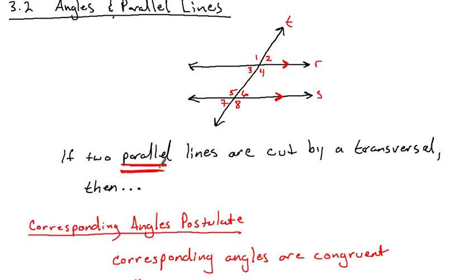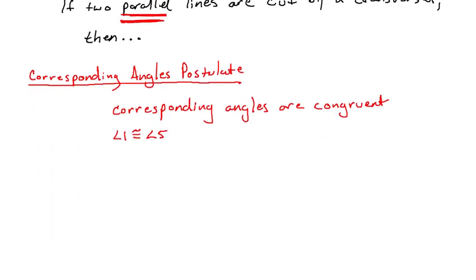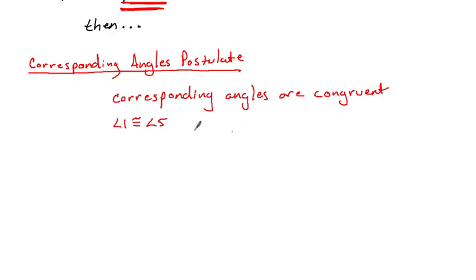If the two lines are not parallel, then angle 1 and angle 5 are not congruent. So remember, parallel is the key to all of these. The other sets are angle 2 is congruent to angle 6. Angle 3 is congruent to angle 7. And angle 4 is congruent to angle 8.